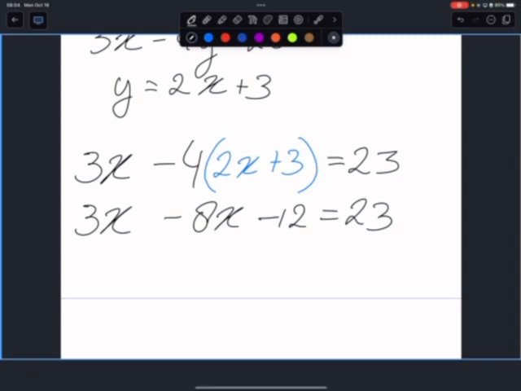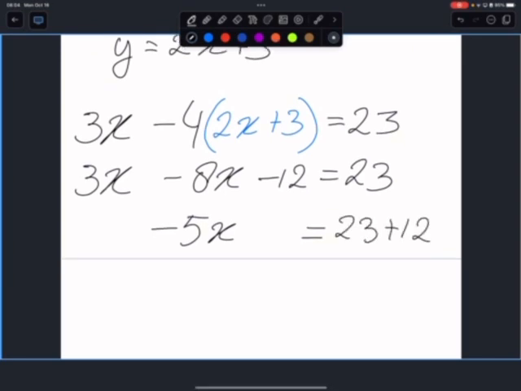3x minus 8x equals... So x equals minus 7.